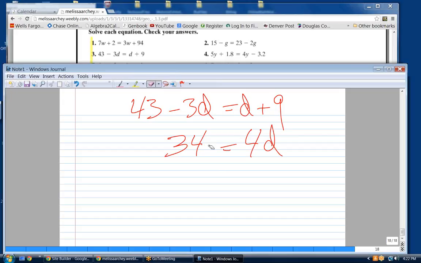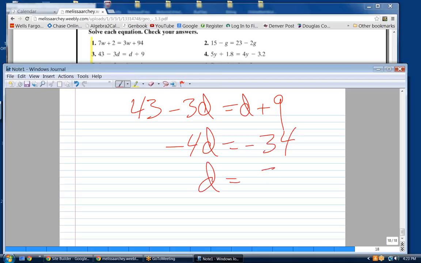Then D is equal to 34 divided by 4. But the way I would be more likely to solve it is I want to keep my variables on the left, so I'm going to move this D over. So I'm going to have minus 4D equals 9 minus 43, which is minus 34. So I still get the same answer.